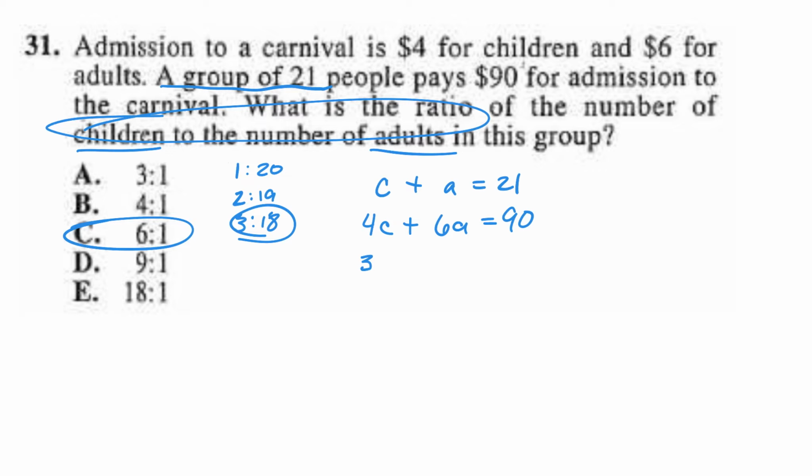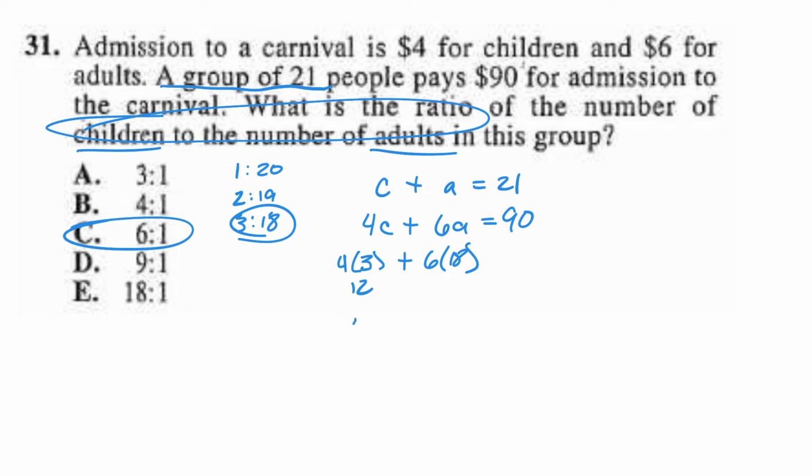So let's see if this equation works. 3 children times 4 would be $12. And 18 adults, 6 times 18. And I'm going to do both versions of this. Is 108, so that's way too big. Let's reverse the numbers, though.